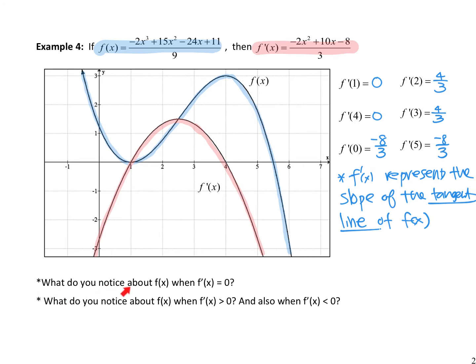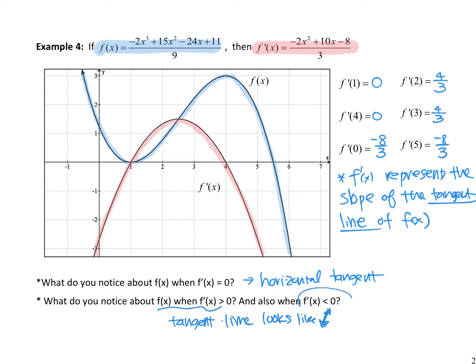So here, what do you notice about f of x when f prime of x is equal to 0? That's when you have a horizontal tangent line. So I'm going to say here, horizontal tangent. And then what do you notice about f of x when f prime of x is positive? That means your tangent line has a positive slope, so the tangent line looks like this.